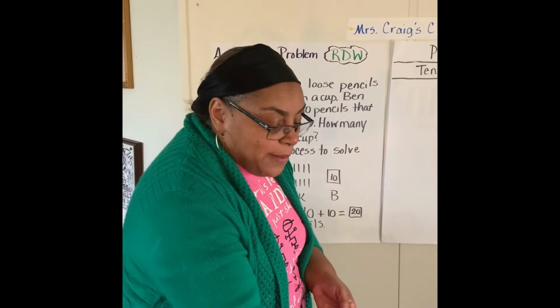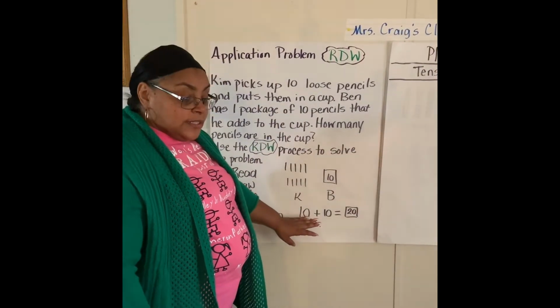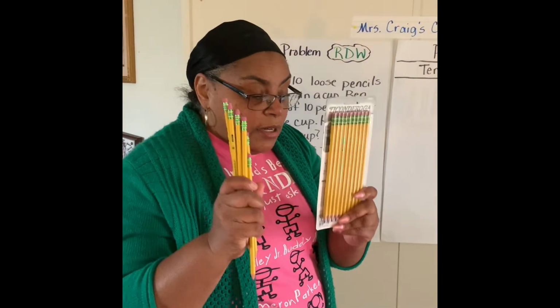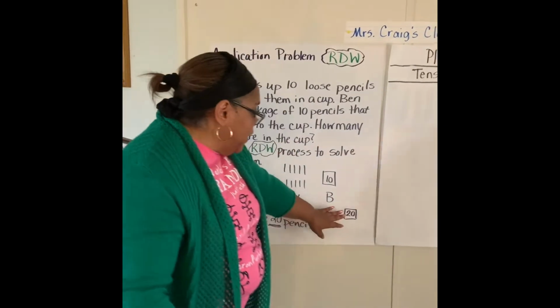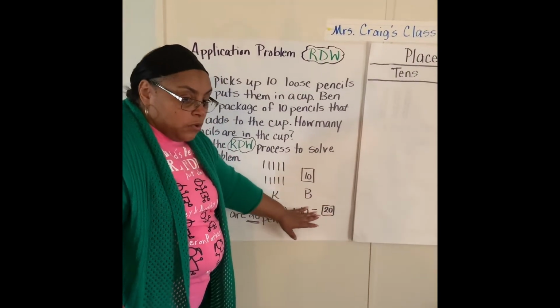So boys and girls, how many pencils do Ben and Kim have all together? 10 plus 10 equals how many, boys and girls? 20. We put 20 in a square because that's our unknown, okay?